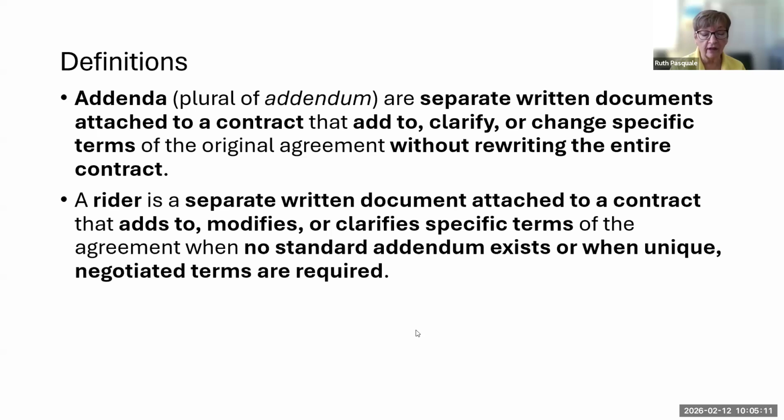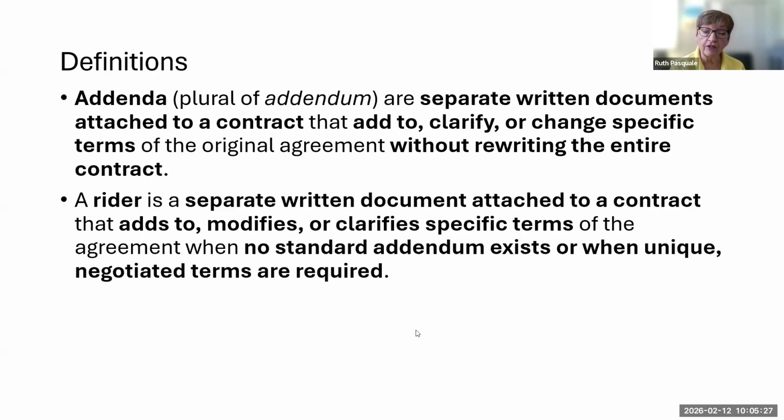I prefer to use the term incorporated into a contract, that you're adding to the contract, or it may be clarifying something in the contract or changing specific terms of the original agreement without having to rewrite the entire contract.